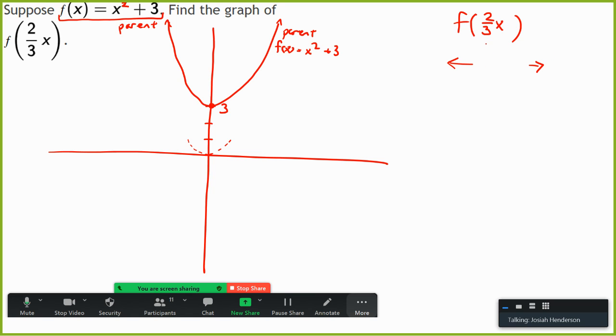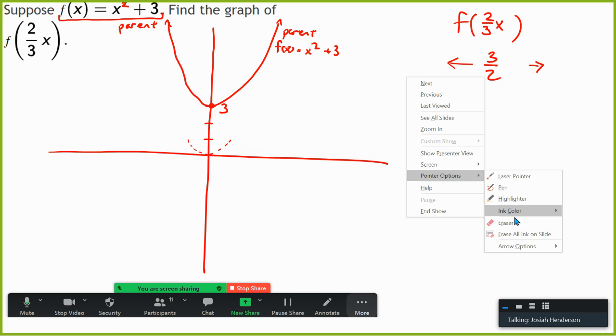And because we're going to flip the fraction, it's like multiplying the original red parent graph by 3/2. So this is tricky because it's not a whole number, but 3/2 is not a fraction in between 0 and 1. It's actually bigger than 1. 3 divided by 2 is 1.5. So what's happening is the red function is being stretched outward, getting bigger, 1.5 times bigger.